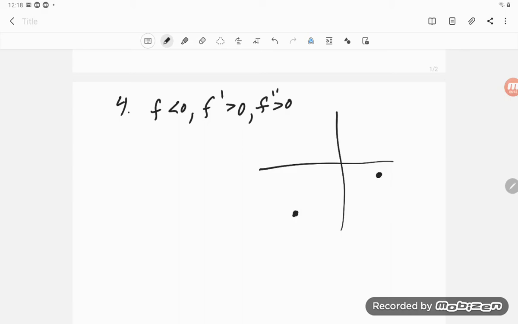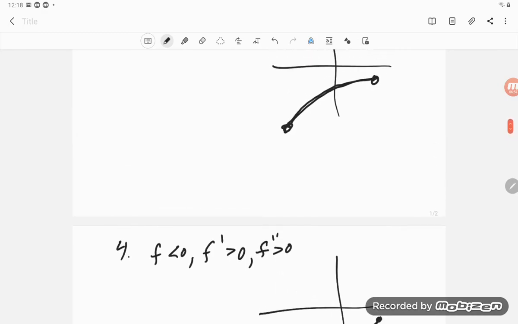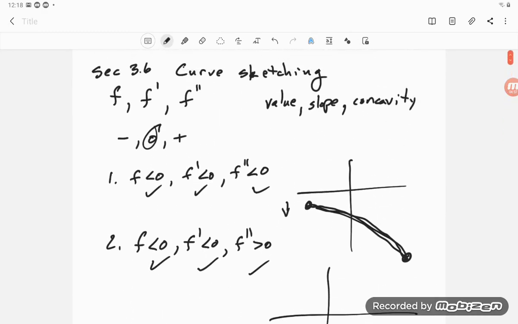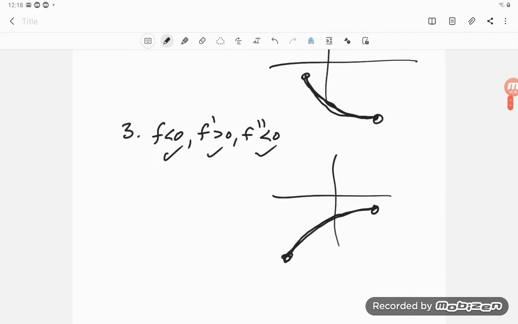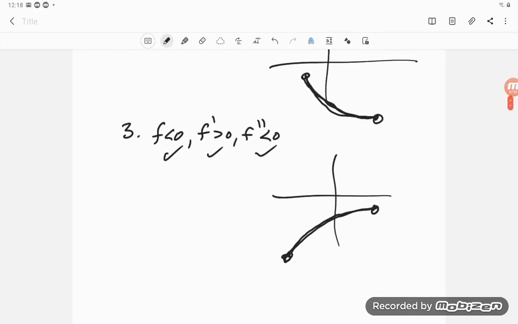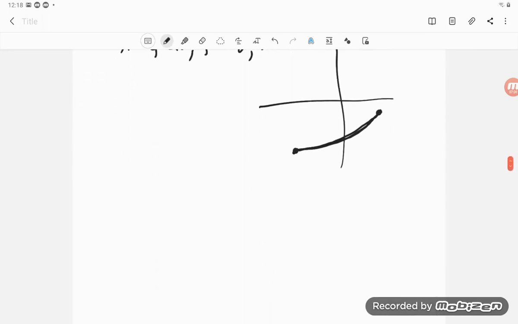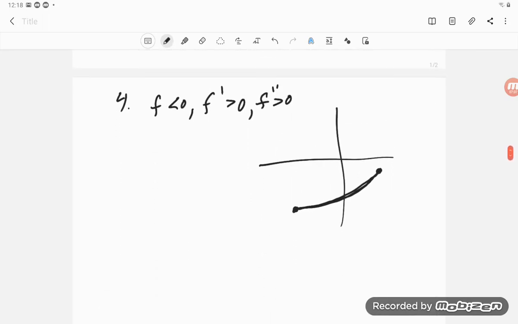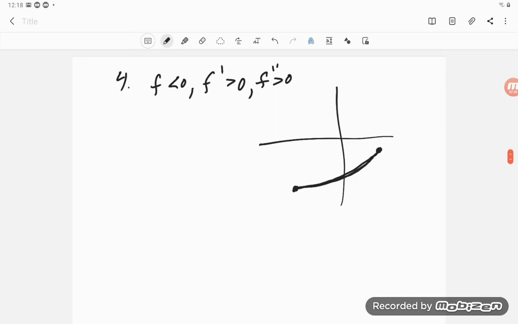And so we have something like that, but then f double prime is positive, so we need to go concave up. So there's 4. And actually, I messed this up. It shouldn't be 6. We need 8, because there are 2 possibilities for each, so 2 times 2 times 2 is 8. I think I did say 6. I was wrong.